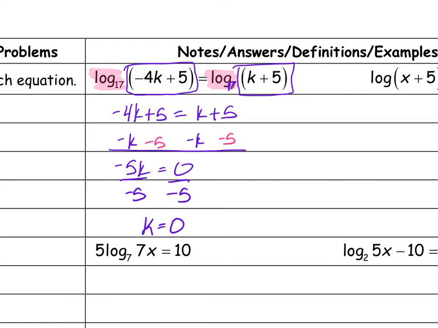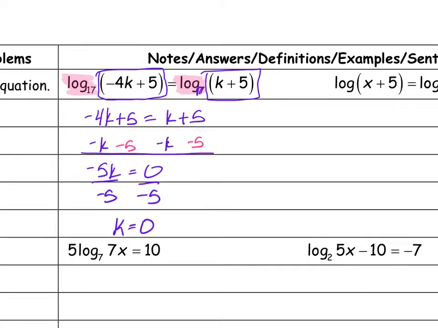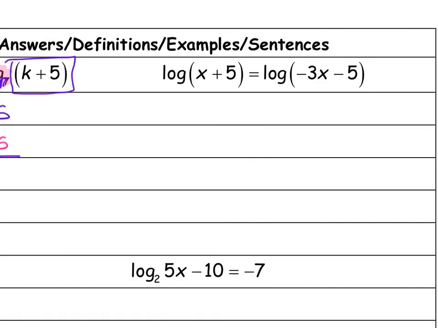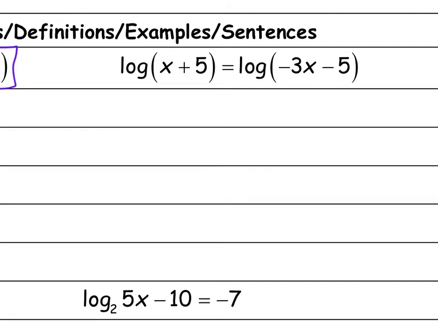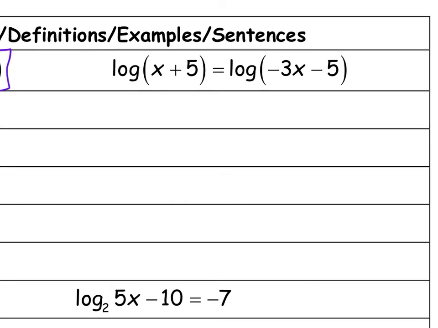Pretty easy if they have just the log on each side of the equation to the same base, as long as it's just one log on each side. So again, if we look at this, I've got one log with nothing else, and one log with nothing else.